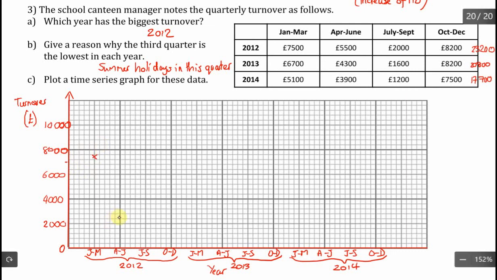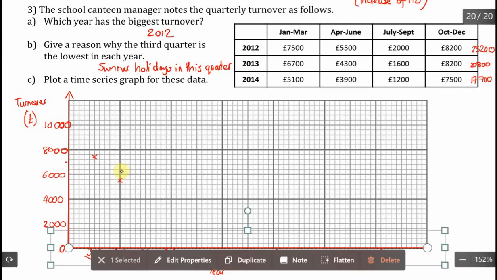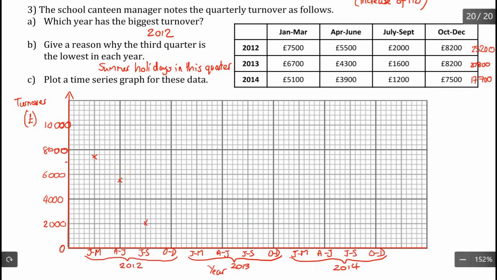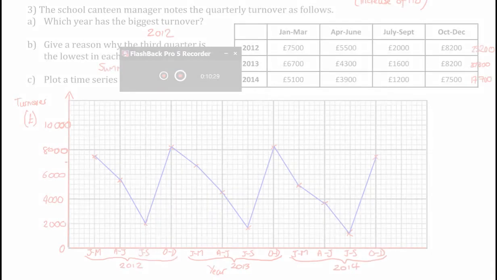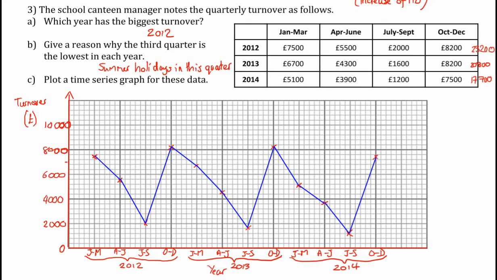Very unlikely, to be honest. 5,500, 2,000. Okay, I'm going to do the rest of these and then join them all up, and I'll pause the video here and reveal the answer in a second. There we go, that's what the final graph looks like.